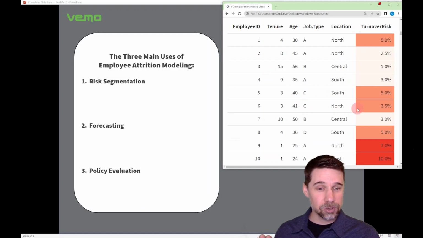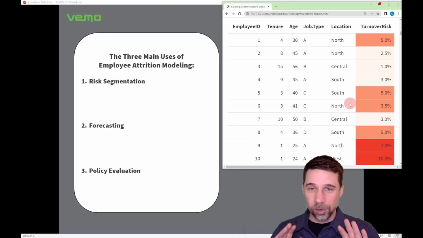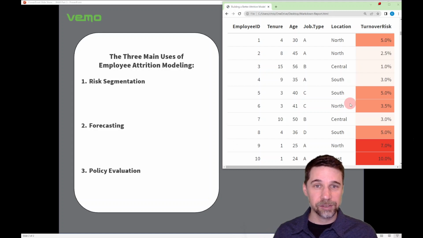And if we then look at their turnover risk, we can see that employee 5 in the south location has a substantially higher turnover risk at 5% than employee 6 who's working in the north location. And since the only real difference between these two employees is their location, what we can infer from looking at this is that our turnover model assigns a higher risk to that south location. So the more predictors we have in our model, the more differentiation we can get in our risk.